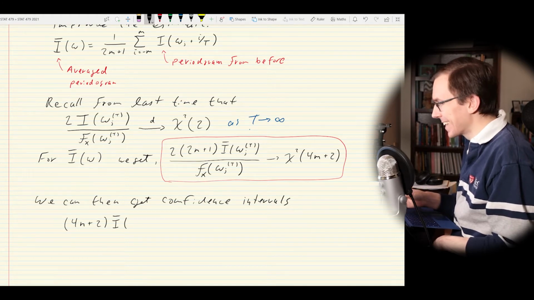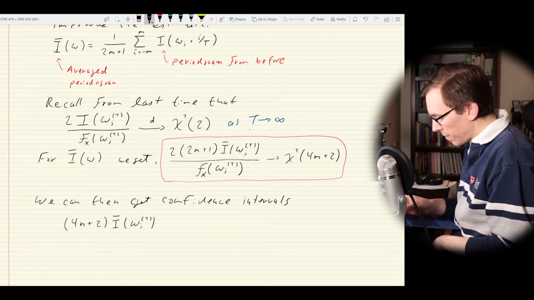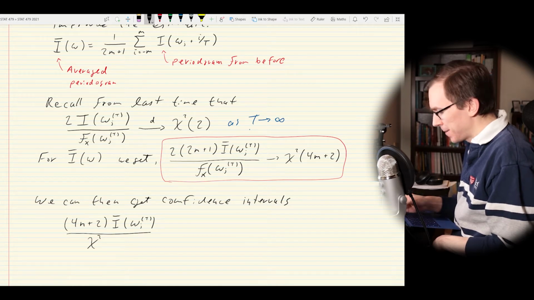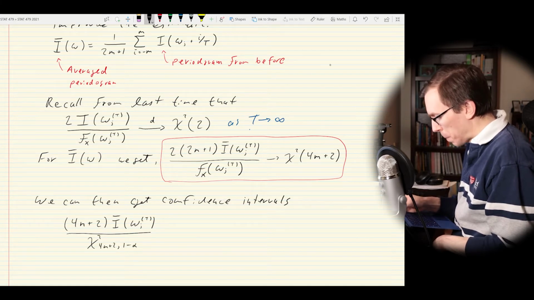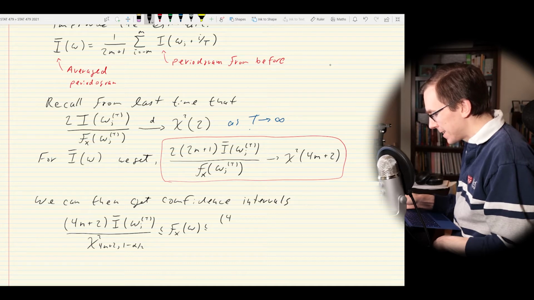I hate that notation. I've got to think of a better one, but no time right now. We divide this by our chi-squared with 4m plus 2 degrees of freedom at 1 minus alpha over 2, with the spectral density in there, and then the same thing on the upper, the right-hand side.